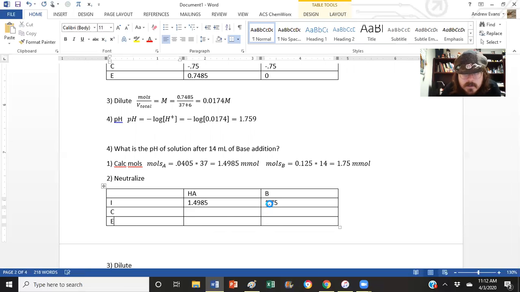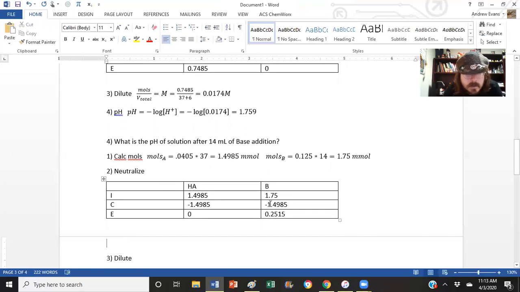We're going to neutralize our acid with our base and our base with our acid until one of these guys runs out. So in this case, the amount of acid runs out first. So minus 1.4985. So 1.75 minus 1.4985 gives us how much base is left? 0.2515.